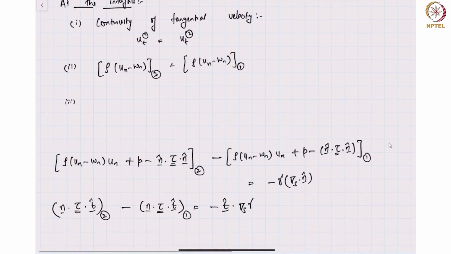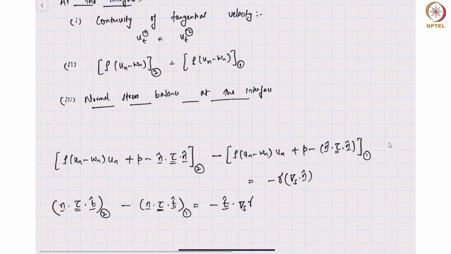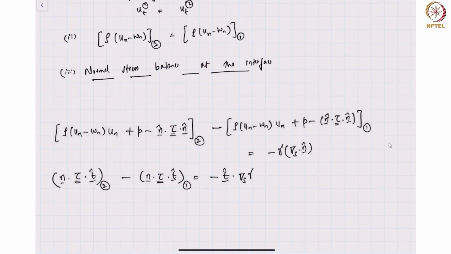And then we have the normal stress balance at the interface. So the normal stress balance at the interface is just this condition here.